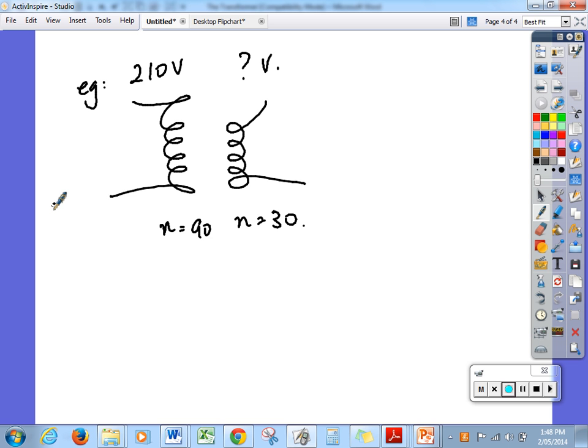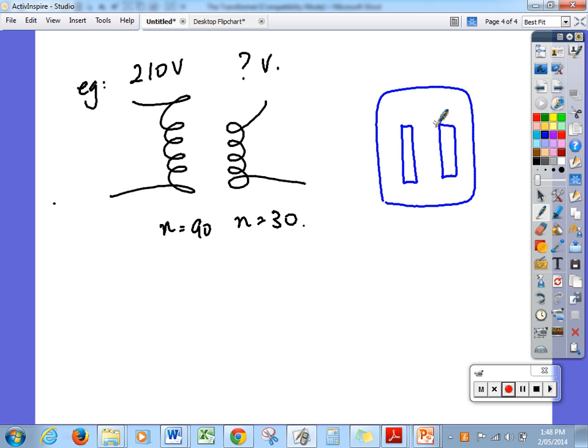In this transformer, I'm not showing the structure, I'm just showing the symbol. We know from the way we did it yesterday that a transformer normally is a big metal thing which has a massive laminated iron core, and the two coils are side by side, very close to each other, and we use the soft iron laminated core to direct flux from one to the other.